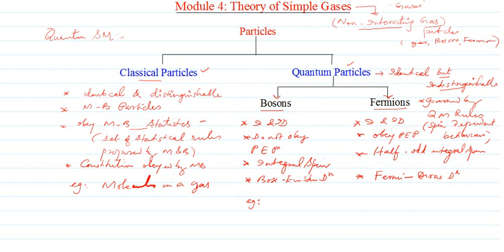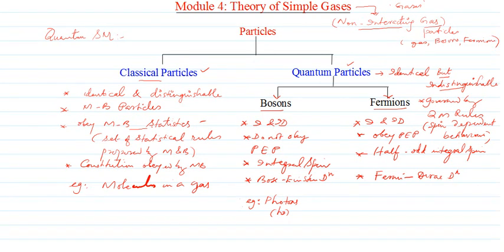And you know that the most common example of a boson is the photon. Photons mean any quanta of electromagnetic radiation. It can be a photon of visible light, a photon of X-ray, a photon of gamma ray. So any quantum of energy of the electromagnetic spectrum is a photon. All photons are bosons.